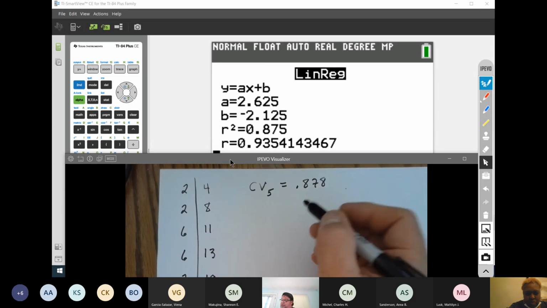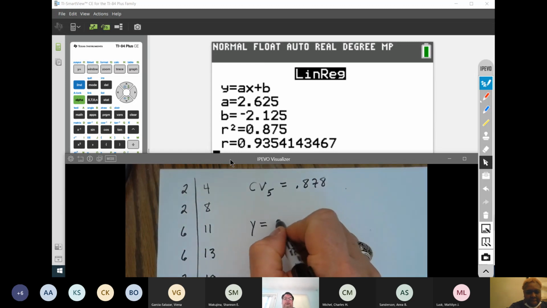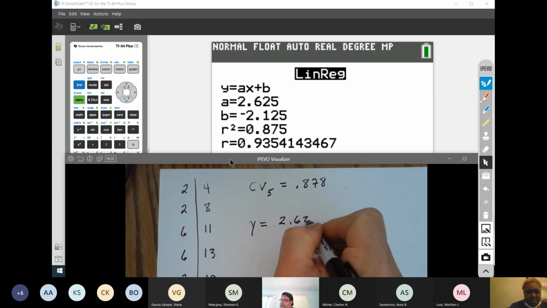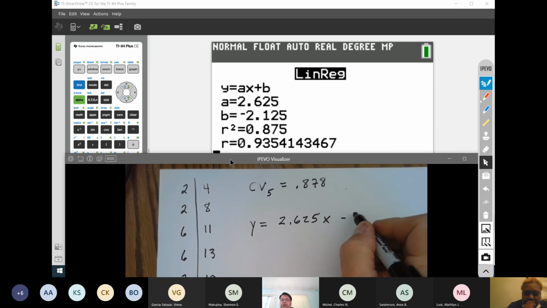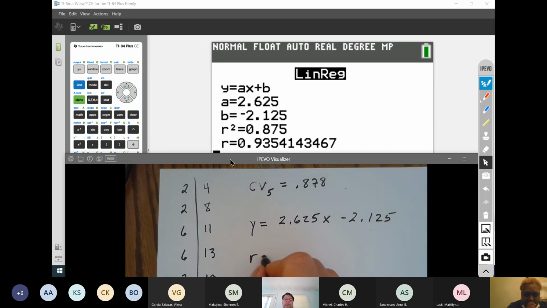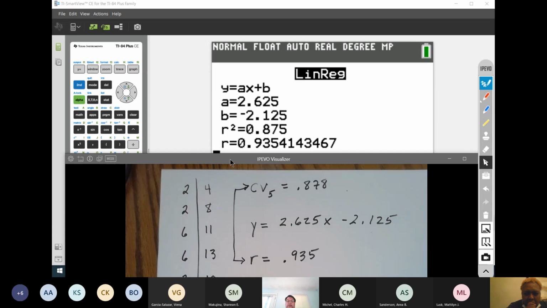My equation of my best fit line is y is equal to 2.625x minus 2.125, and my R is equal to 0.935. And these two you're going to compare at the end.